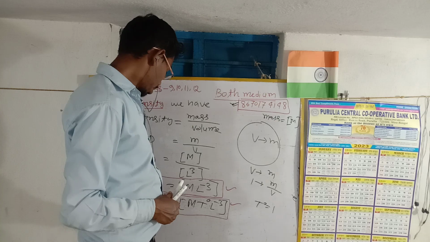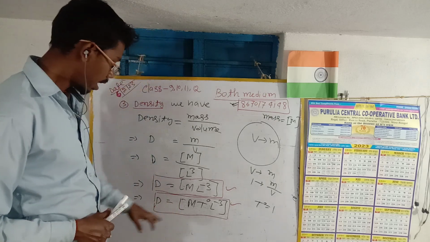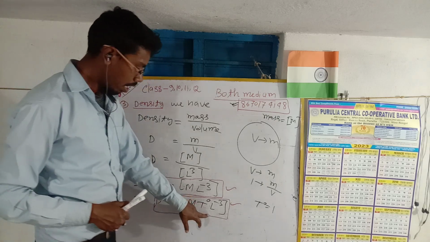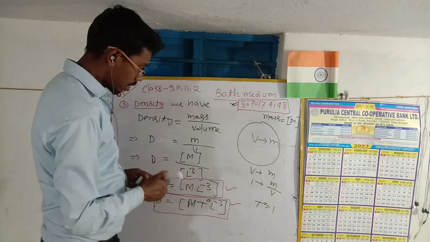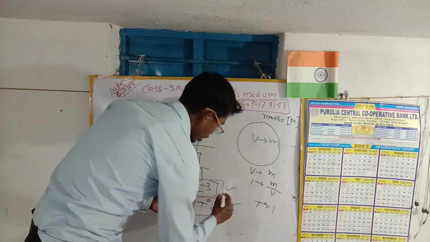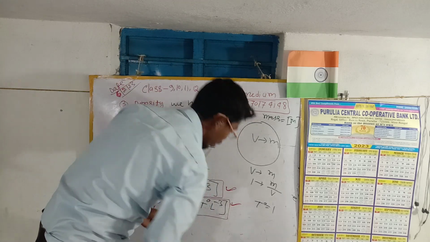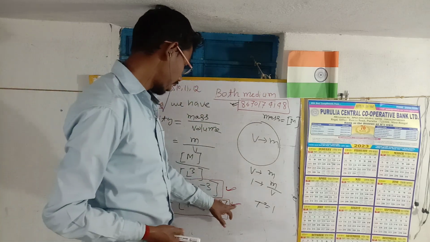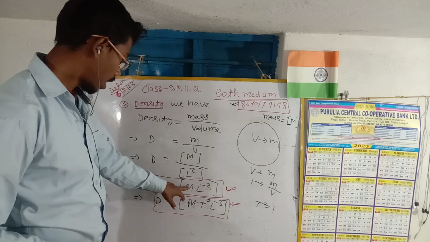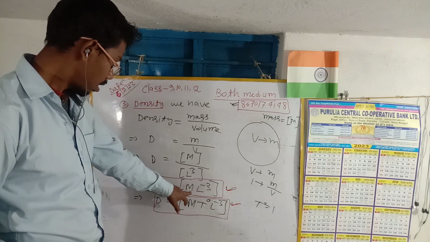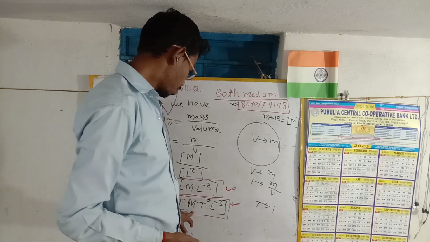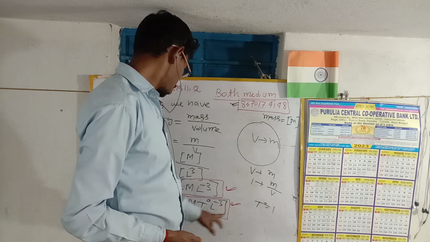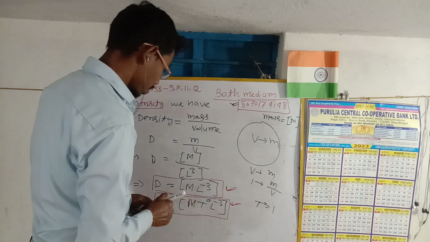So here D is M T power 0 L power -3. This answer is right. Both answers are right, because some books write this answer and some books write that answer. So both answers are correct.